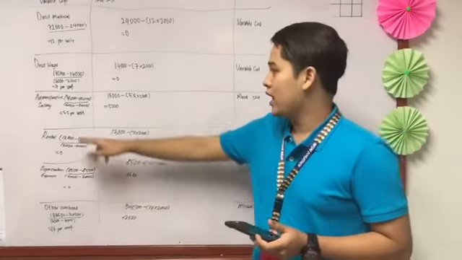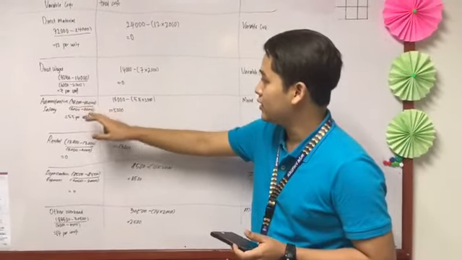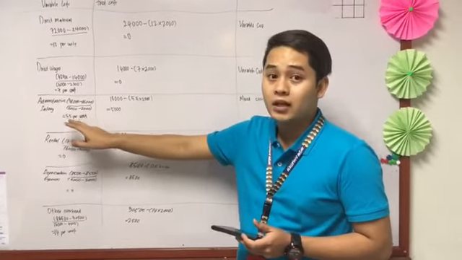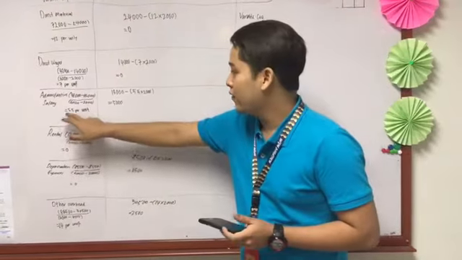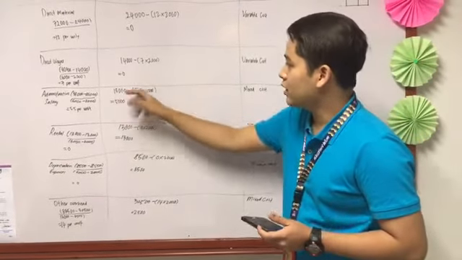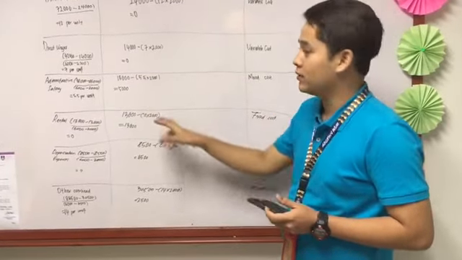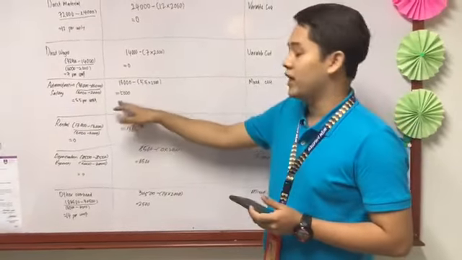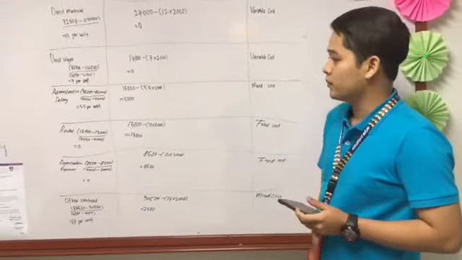The third one is administrative salary, which is 38,000 minus 16,000 divided by 6,000 minus 2,000, which gives 5.5 per unit. So the fixed cost is 16,000 minus 5.5 times 2,000, which gives 5,000. So the cost behavior is mixed cost.